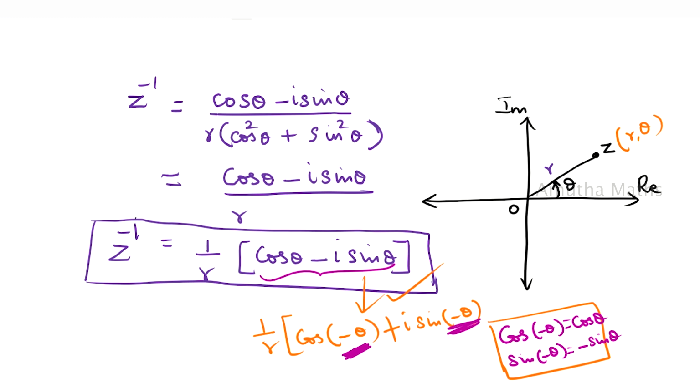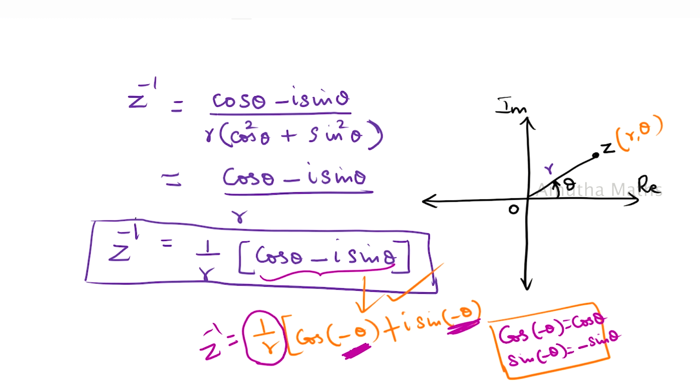Minus means we have to come clockwise. So z inverse is equal to 1 by r. So the complex number z inverse is 1 by r distance from the origin. 1 by r ங்கிறது modulus. இந்த complex number வந்து origin ல இருந்து எவ்வளவு இருக்கு, 1 by r distance ல இருக்கு.